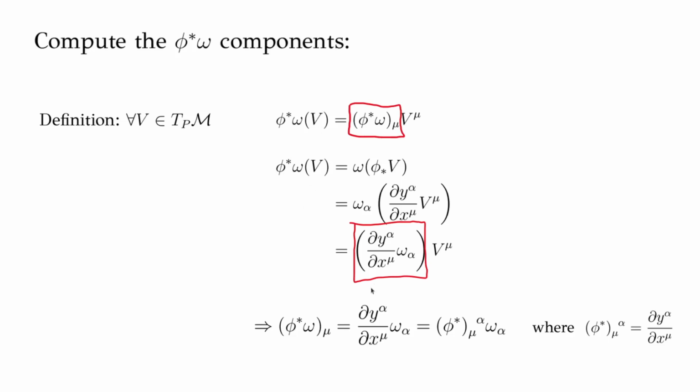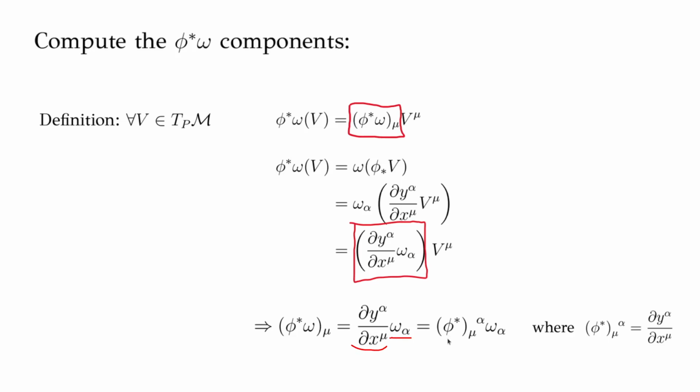Comparing these two, we see that the component of phi star omega is computed from the components of omega by acting with the derivatives of the coordinates y with respect to x.